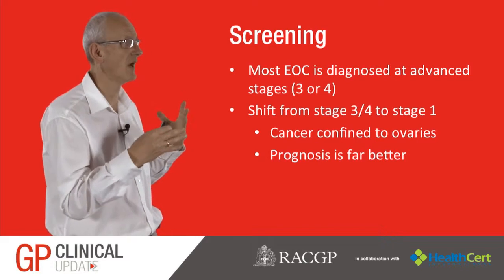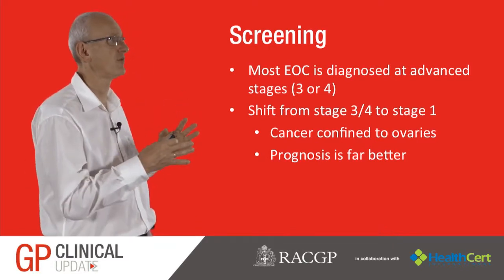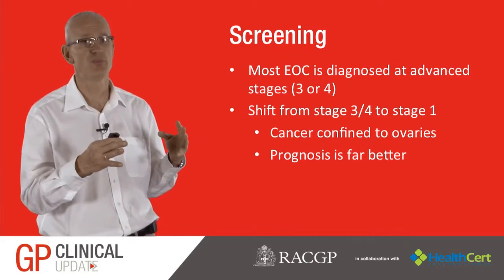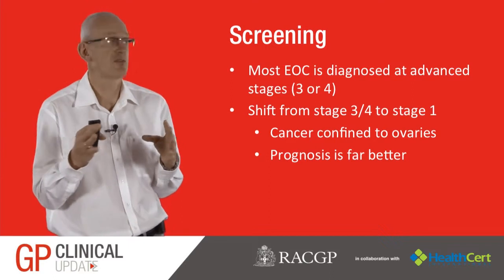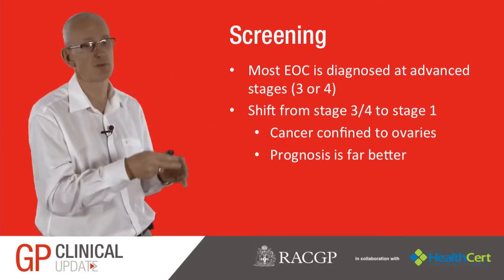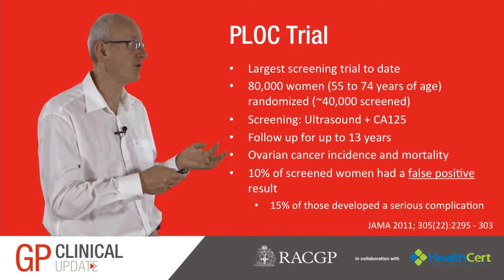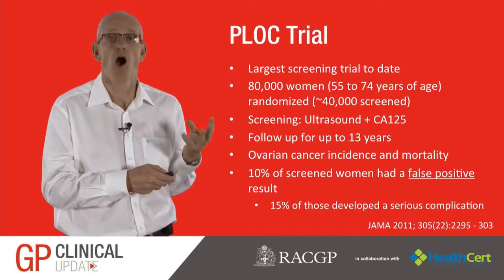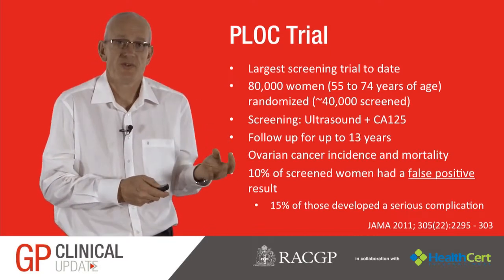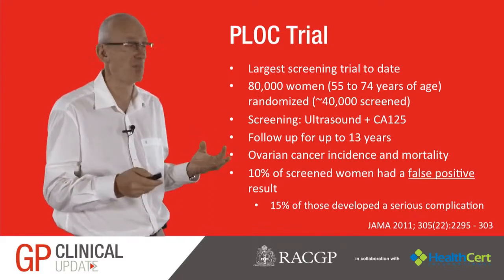Screening is the idea that asymptomatic women shift from stage 3 and 4 with poor prognosis to stage 1, where the disease is confined to the ovaries and the prognosis is much better. That's certainly a concept, but unfortunately that concept has never ever been verified. I realize that we all want this to happen, but unfortunately it has not been confirmed as yet.